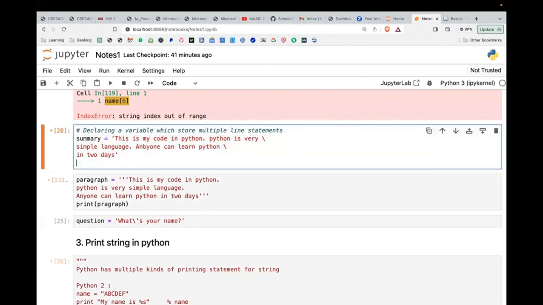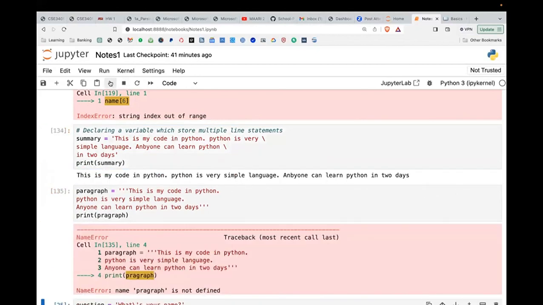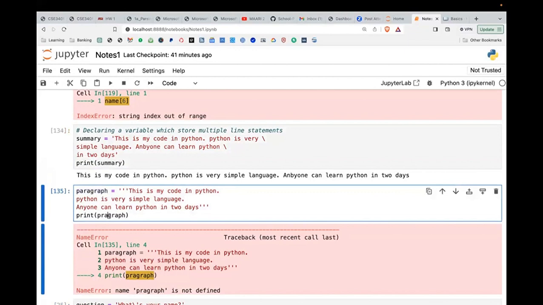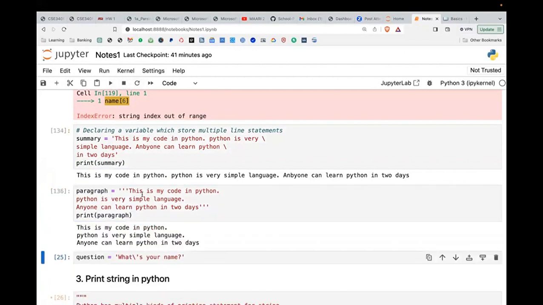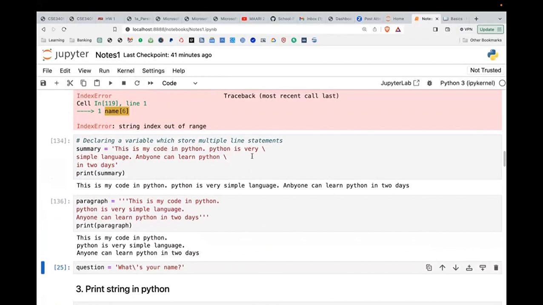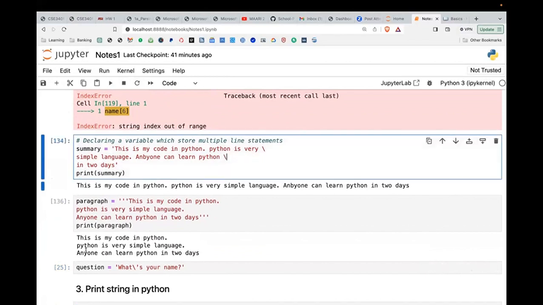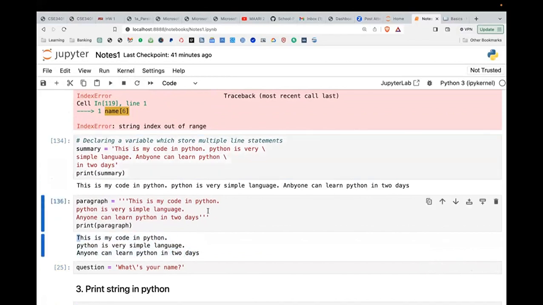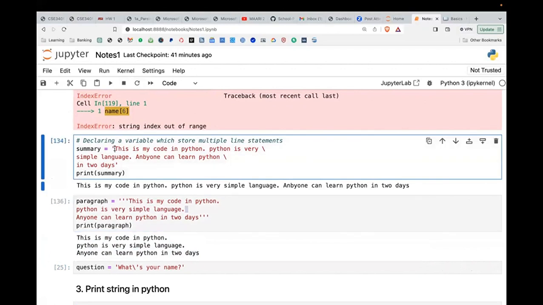Here you are printing the summary. You can see this is a multi-line statement. This is also multi-line. Paragraph, sorry, the spelling is wrong. Both ways you can do it. You can see this is multiple lines, but everything is in line continuation.